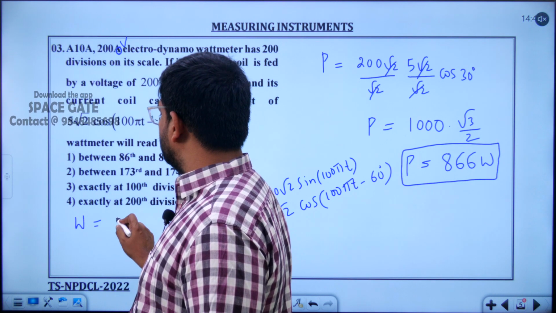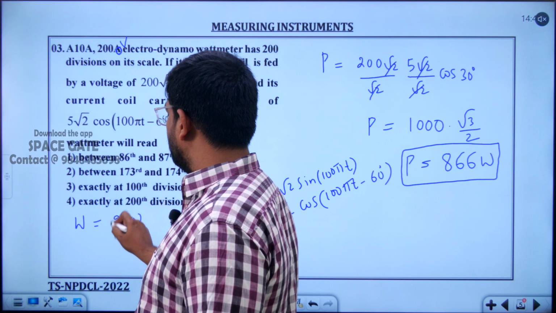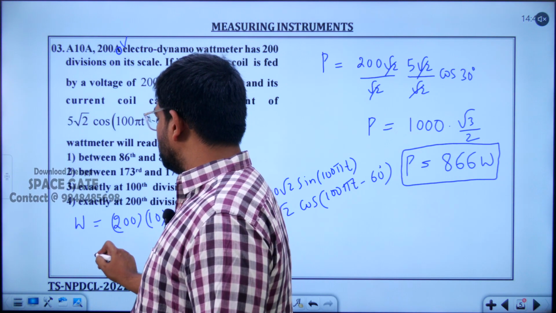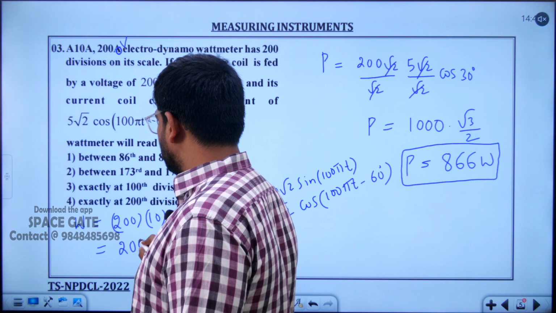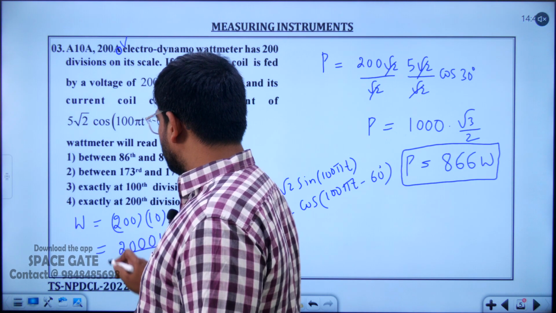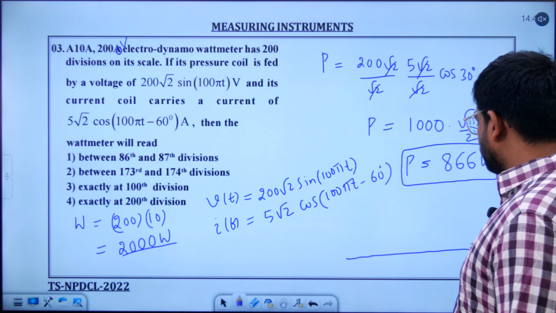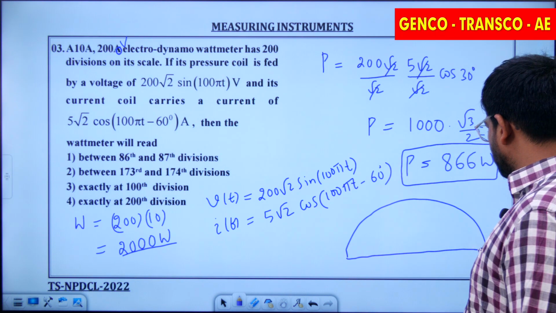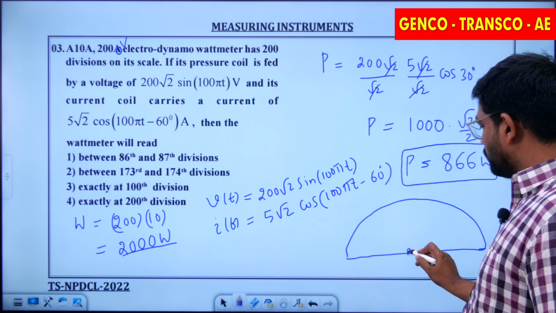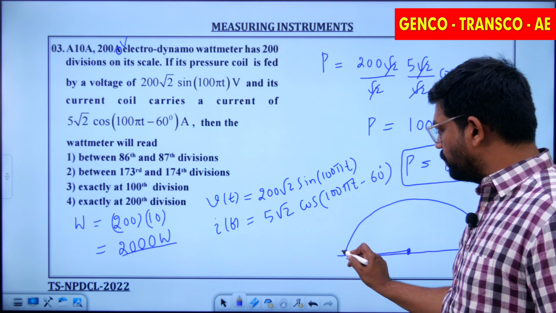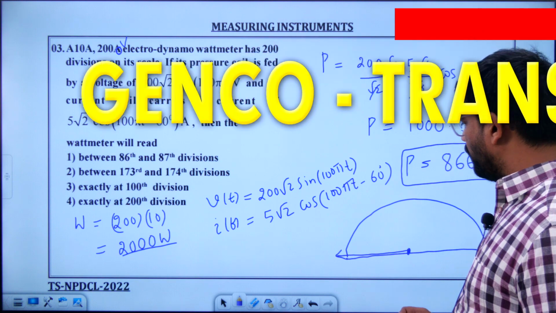Simply multiply both, 200 into 10 amperes, means maximum it can give 2000 watts. Total it has 200 divisions. So the pointer is present at the initial position, right or not?